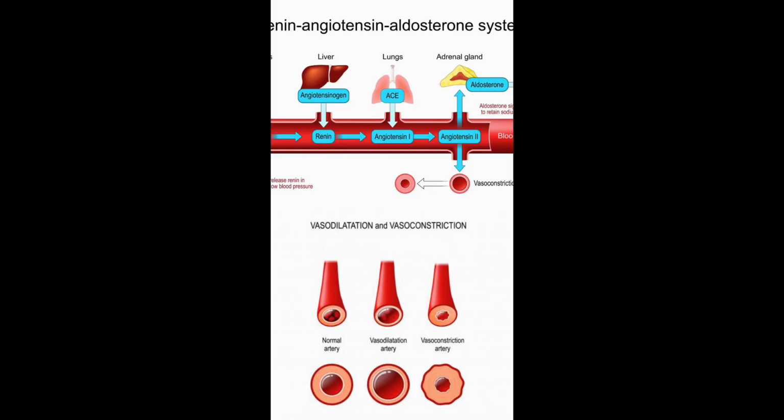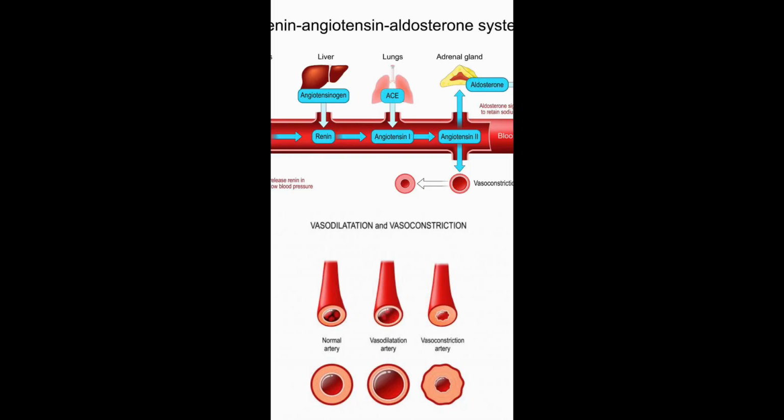Angiotensin 2 plays a major role in increasing blood pressure. It causes blood vessels to constrict, which means they become narrower, and this raises blood pressure. It also stimulates the release of aldosterone, which causes the body to retain sodium and water, further increasing blood volume and pressure.